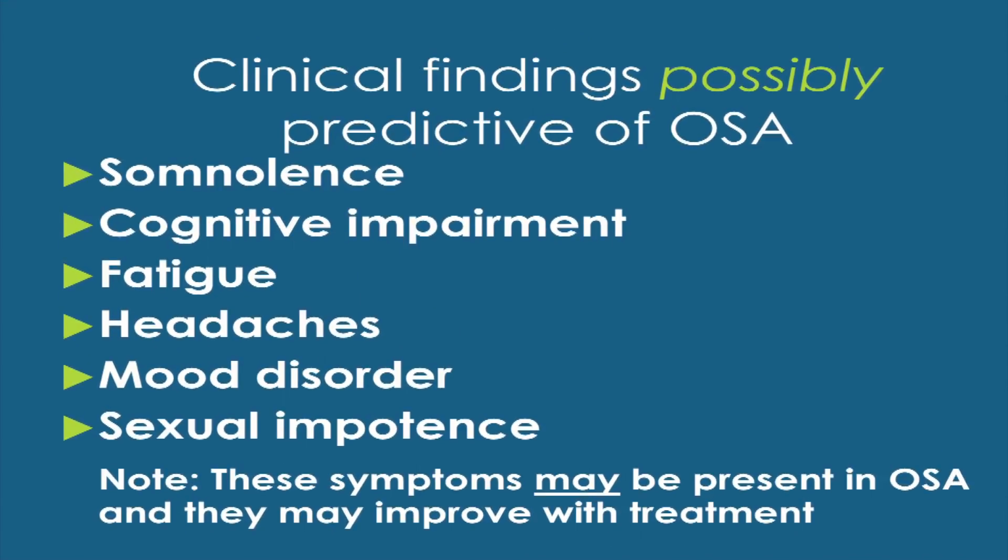These are clinical findings that would possibly be predictive of obstructive sleep apnea. These include somnolence, which we call EDS, or excessive daytime sleepiness, cognitive impairment, daytime fatigue, waking up with headaches or headaches throughout the day, mood disorders, and sexual impotence. These symptoms may be present in OSA, and they may improve with treatment.